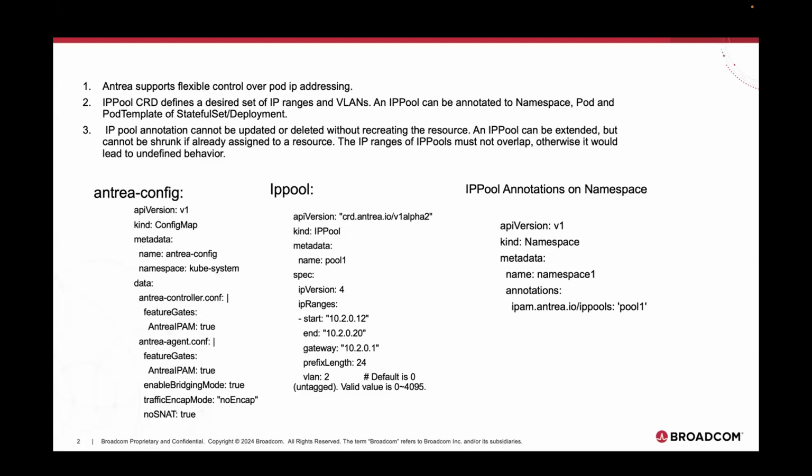In the IP pool, you can specify the IP ranges, gateway IP, prefix length, and VLAN ID. If you are not providing a VLAN ID, then it will be considered the default network or untagged network. In the namespace, in the annotation field, you can provide the pool name, but you can provide only a single pool. You cannot annotate the namespace with multiple pools.